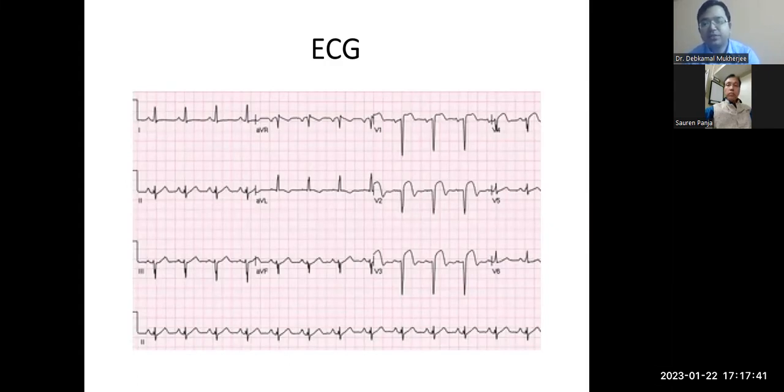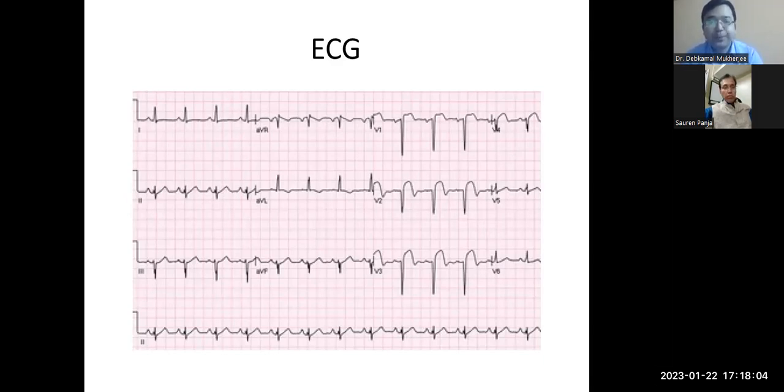This patient was suffering from an acute anterior wall myocardial infarction. We did this ECG within the first 10 minutes of his arrival to our ER, and then we went forward into the further assessment and management of this case.